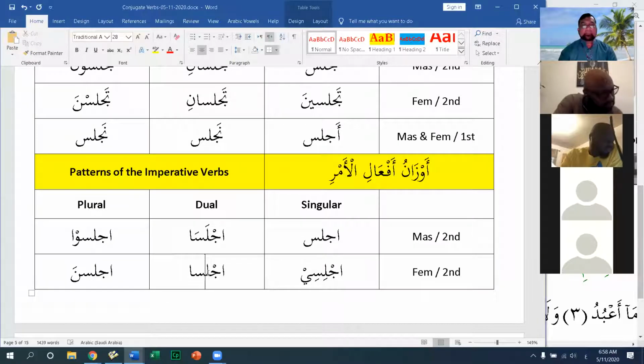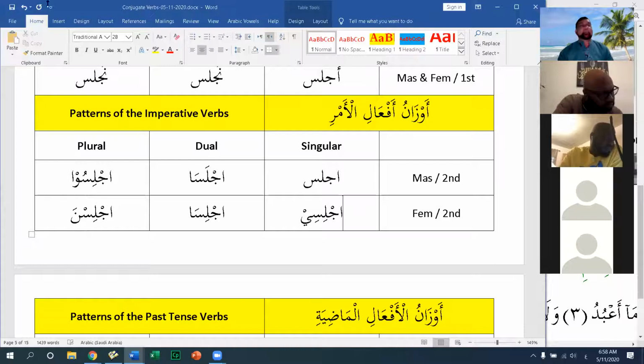Antuma ijlisa. And then antum ijlisu. Antunna ijlisna. Very good, mashallah.